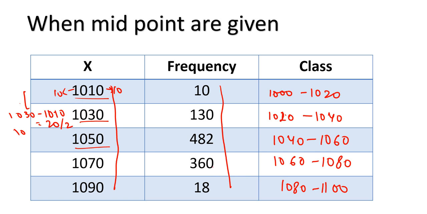There's a possibility that they are unequal class intervals. So again, if the gap would have been 30, we would have simply added 15 and subtracted 15. So it will always depend from class to class, right?